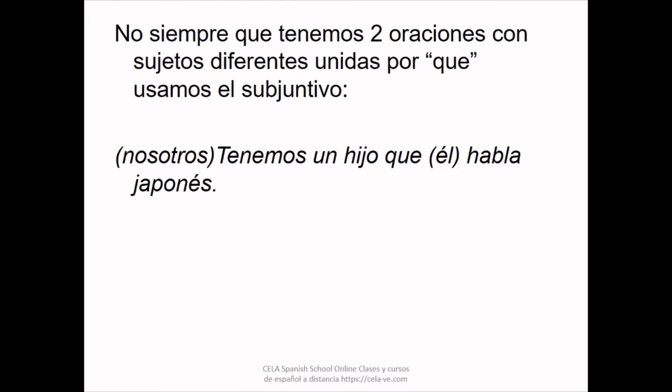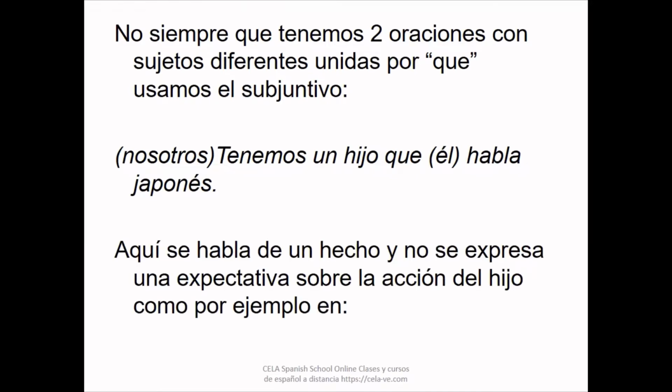However, in the second sentence, we do not use the subjuntivo because we don't expect an action from him. We don't want him to do something. We're talking about a fact. Nuestro hijo habla japonés.